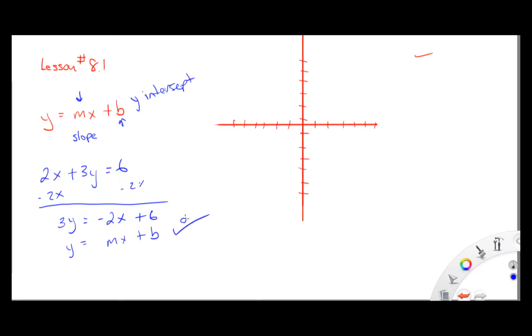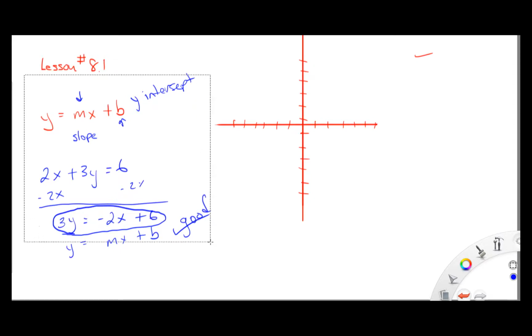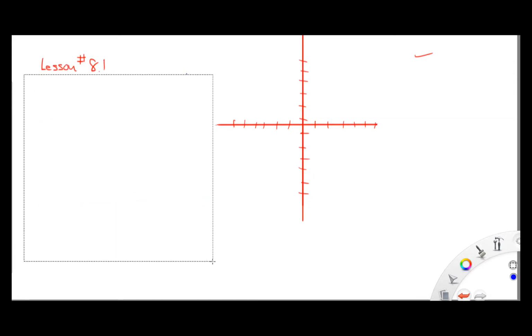This is good, and this is what you want it to look like to start with. Now, we're not done with this yet, okay? It's going to take us quite a bit of time to finish, but at least we are on the starting gate. We're beginning to roll, okay?